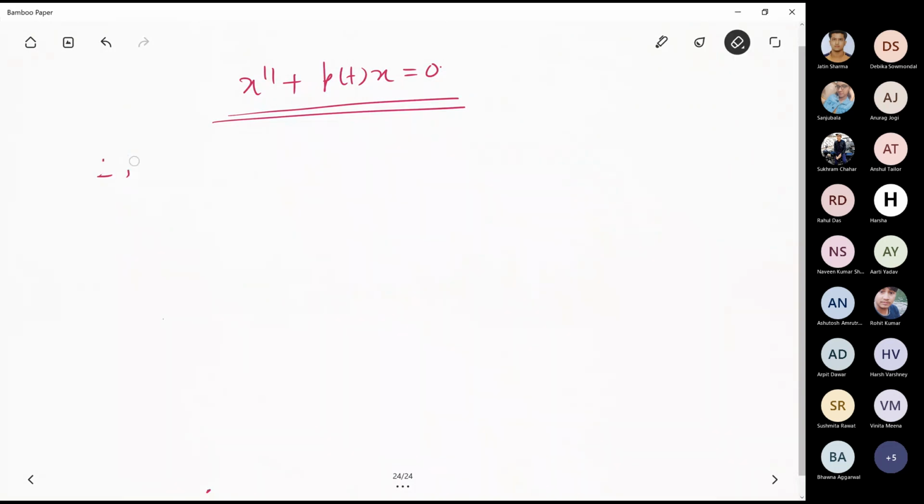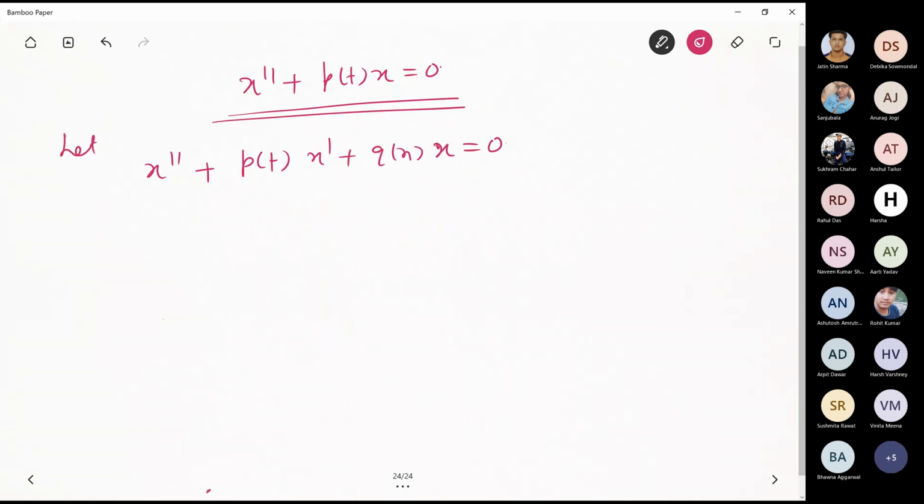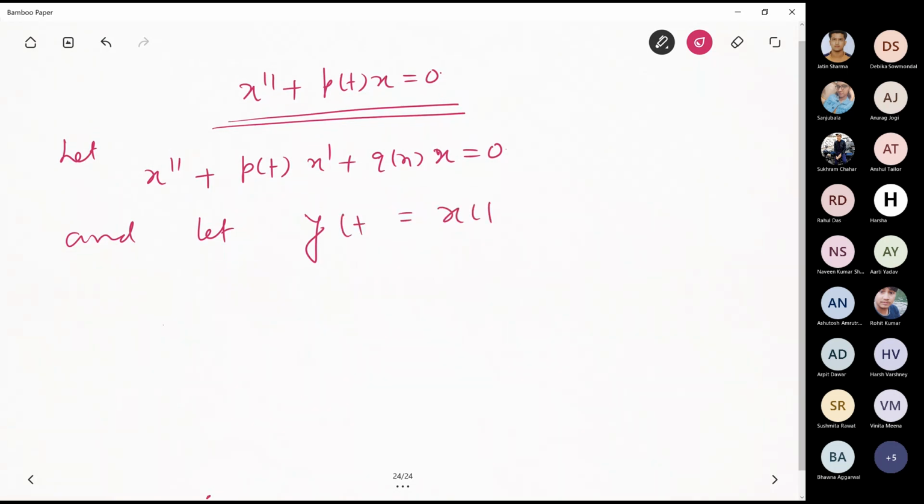Let us consider any general equation, say x double prime plus p(t) x prime plus q(t) x equals 0. And you take the transformation y equals x(t) into exponential of half integral of p.